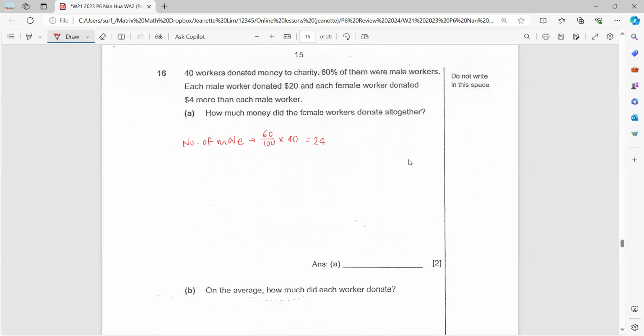Then the number of female workers is 40 minus 24, which is 16. So the number of female workers is 16, and the amount of money that each female worker donated was actually $4 more than 20, so 20 plus 4.